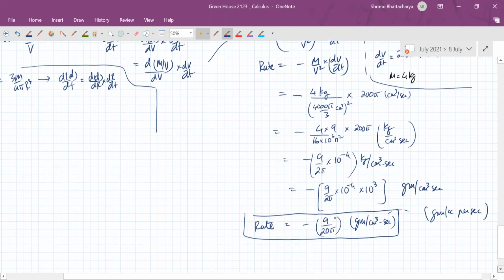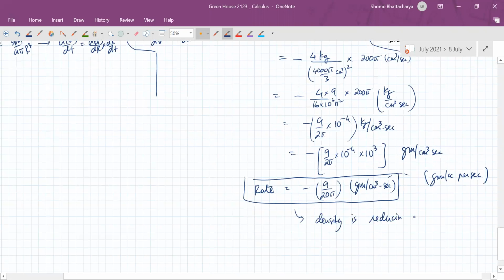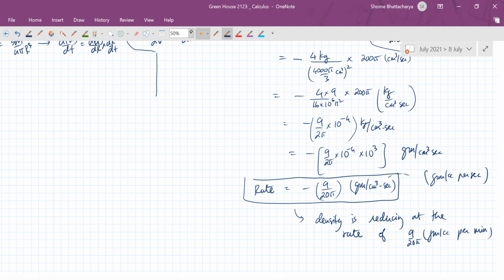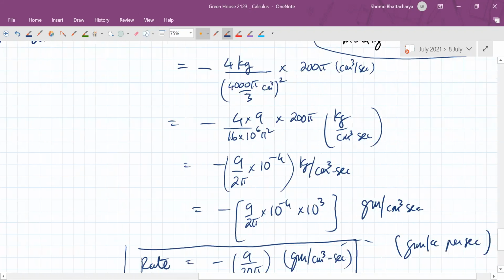So we can see that density is reducing at the rate of 9 by 20 pi. But again, I made the mistake of writing it second. Gram per cc per minute it should actually be. So wherever I've written second, we have to replace it with minute, because here itself this was wrong. This is per minute.